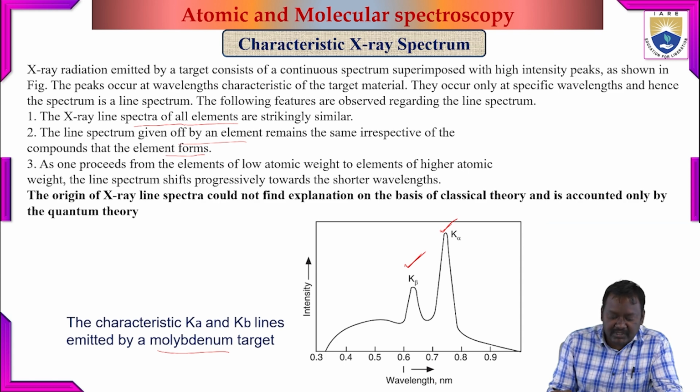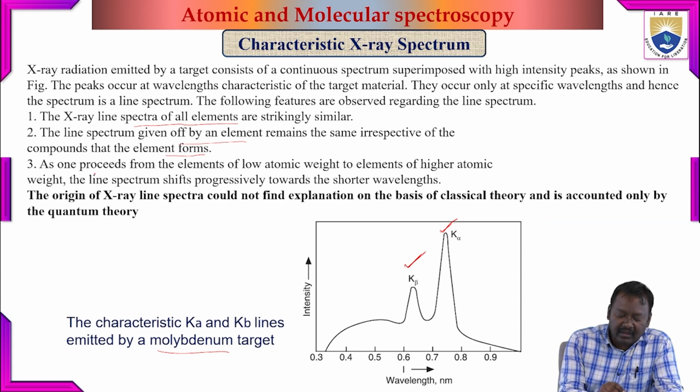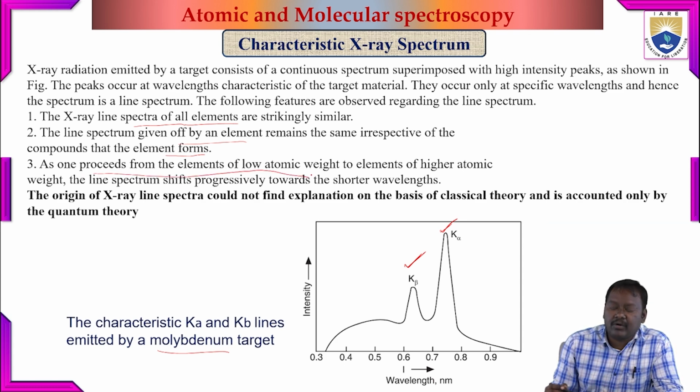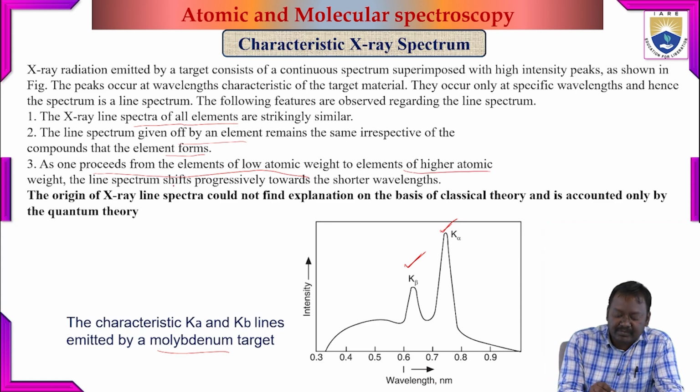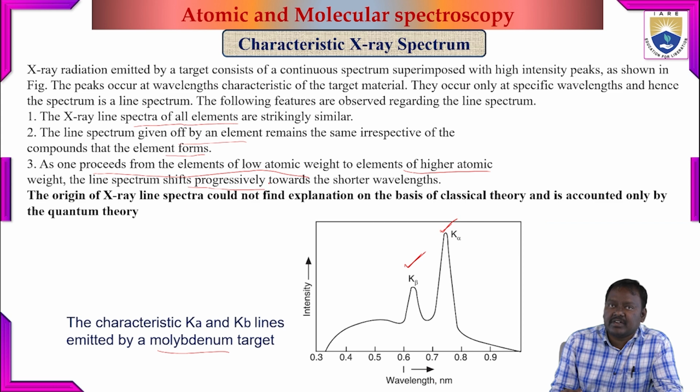But the major observation is that as one proceeds from elements of low atomic weight to elements of higher atomic weight, the line spectrum shifts progressively towards shorter wavelengths. The wavelengths of these lines decrease as we go from lower atomic weight elements to higher atomic weight elements.